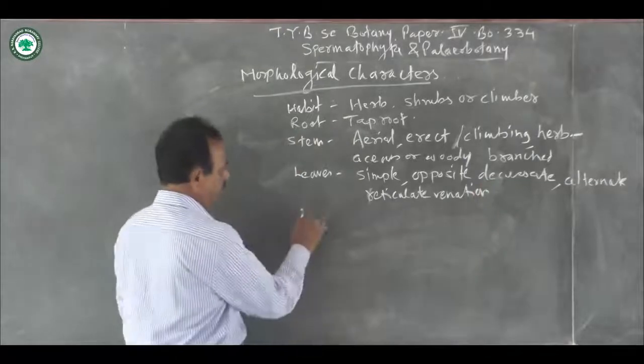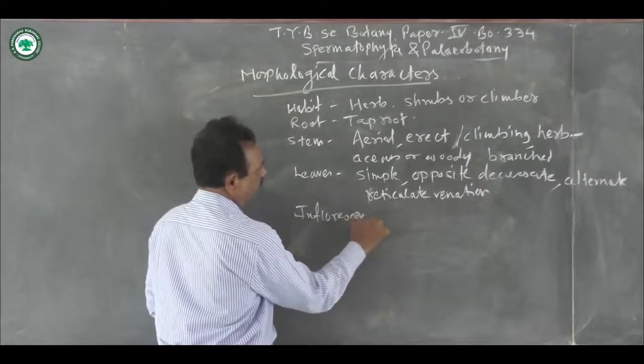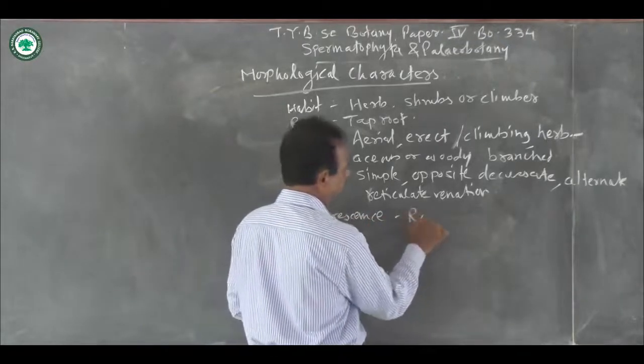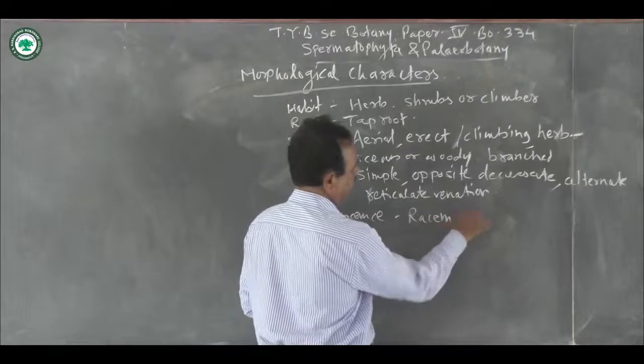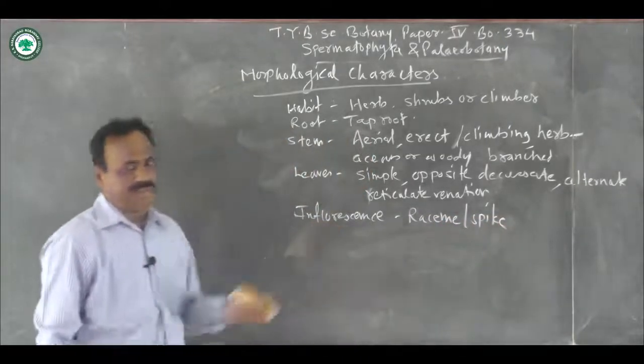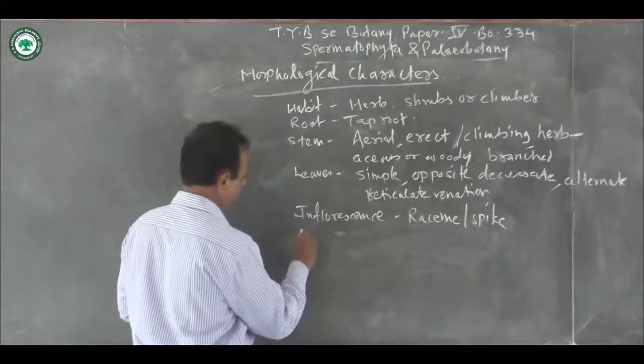And if we see the inflorescence, it shows the presence of terminal or axillary raceme or spike. So in the plant like Adhatoda vasica, there is a presence of this spike type of inflorescence.